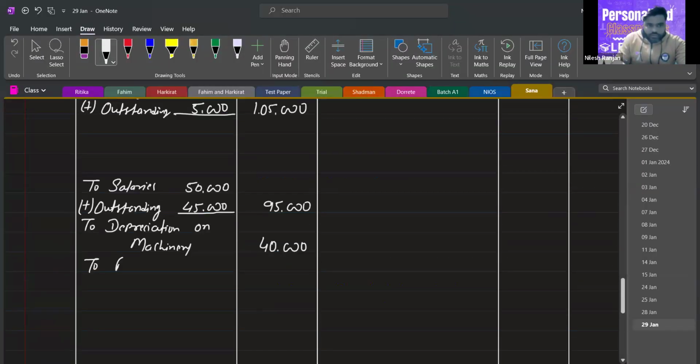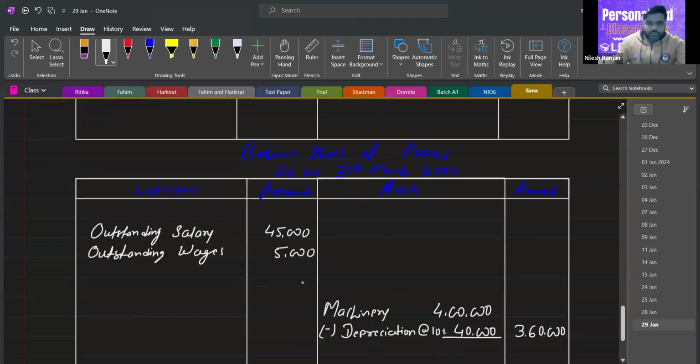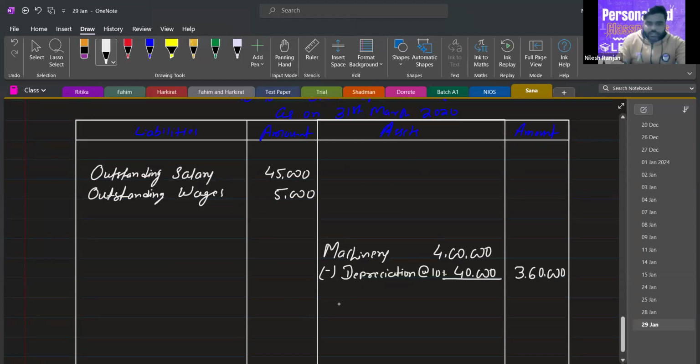So to rent 45,000, and in this 10,000 is prepaid. So the amount is 35,000. And this 10,000 will go to the balance sheet asset side, prepaid rent 10,000.